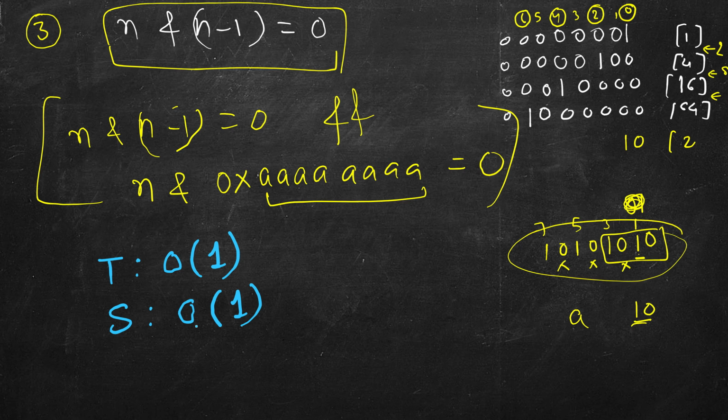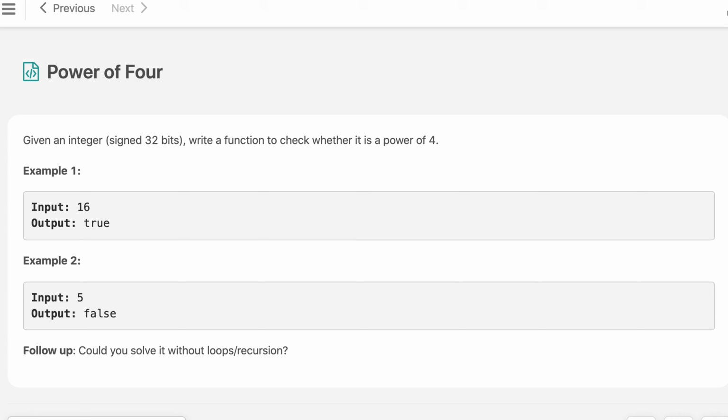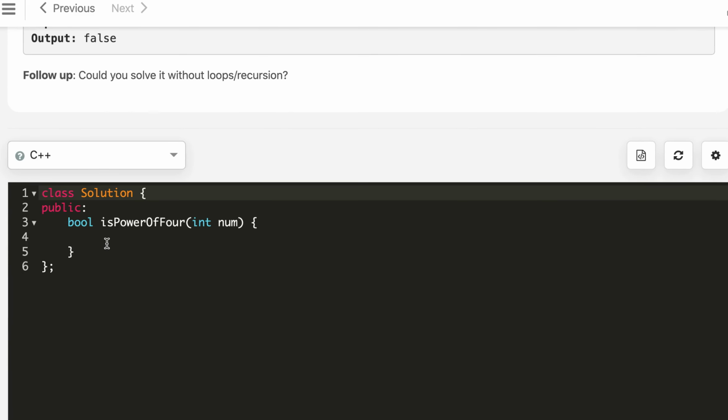So let's write all of this. I will write in just C++ since the code will be exactly the same in Java and Python as well. In this case there is not much change apart from AND being replaced by a-n-d in Python. So let's first write the logarithmic solution. Log 4 n, where n is the number.